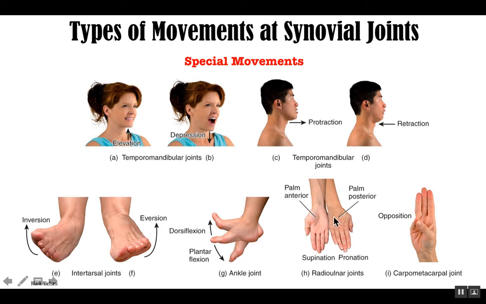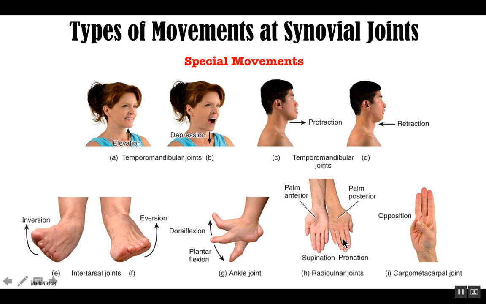Finally, your palm has a couple special movements pertaining to rotation. So remember, when you supinate and pronate, that's happening at your radioulnar joint. When you turn your palm up or anterior, that's called supination.